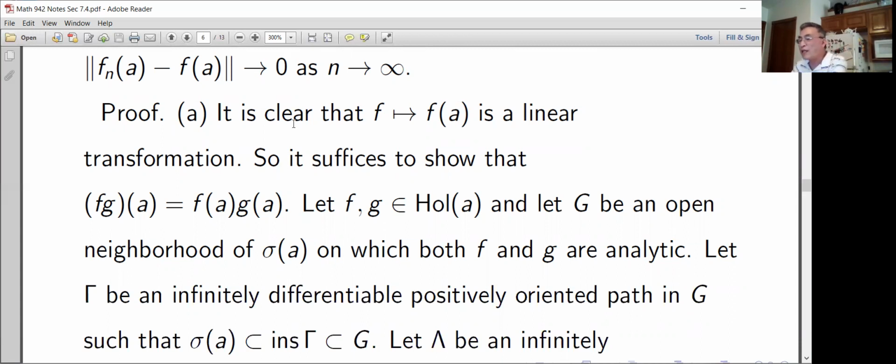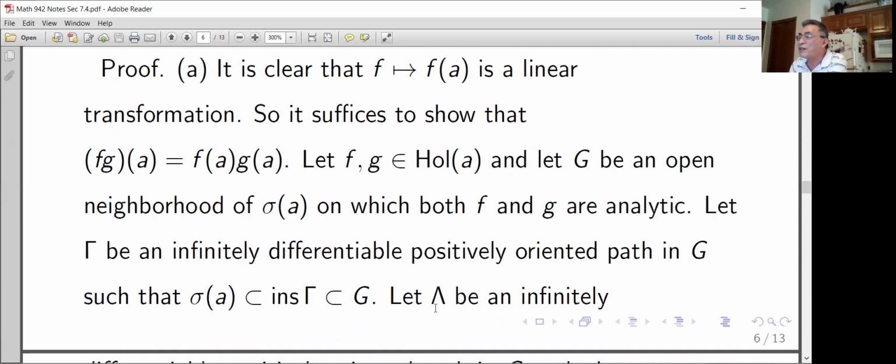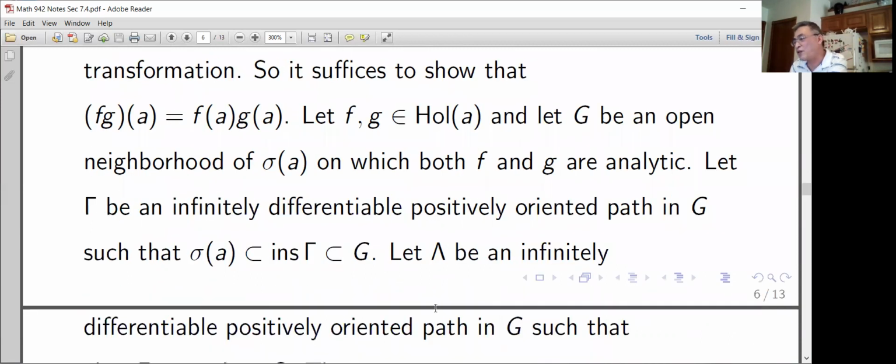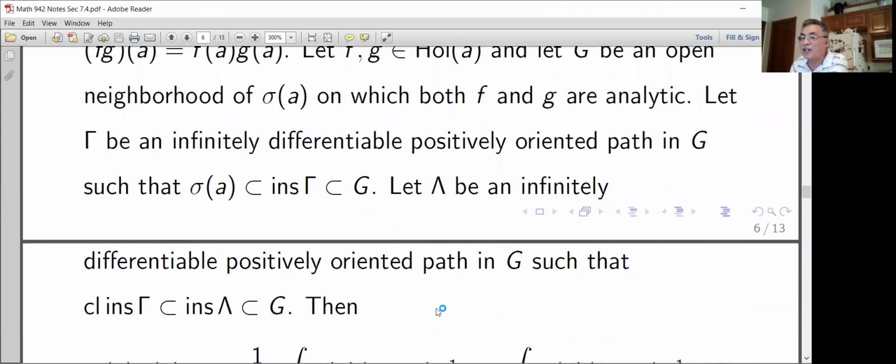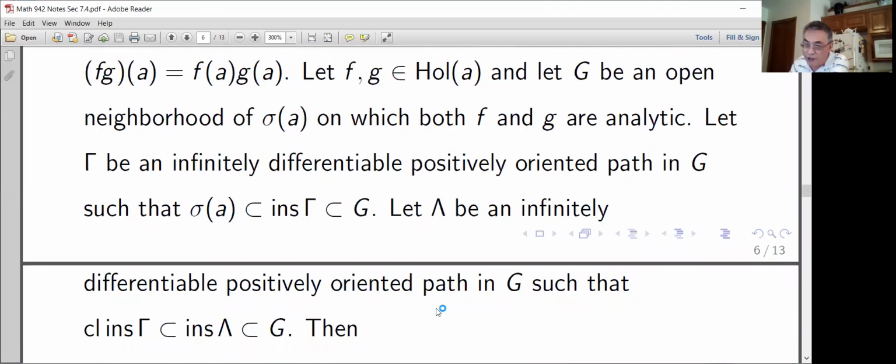Then we get another path, lambda, so that gamma is inside of lambda. Let lambda be an infinitely differentiable, positively oriented path in G, such that the closure of the inside of gamma is contained in the inside of lambda, which is contained in G. By the way, the closure of the inside of gamma is just the inside of gamma union gamma itself.